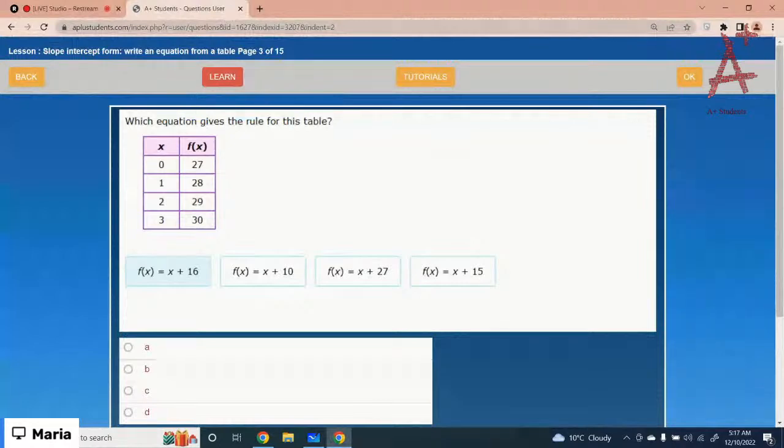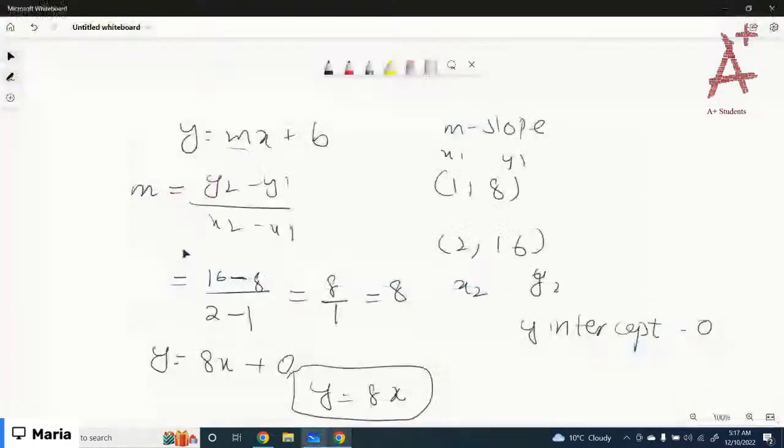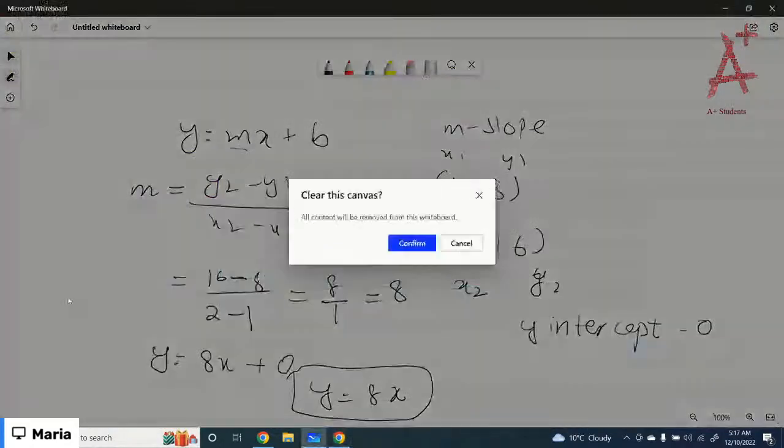Okay, for this one, you are not given the y-intercept. You have to find the y-intercept as well. Got it? Let's just start with the equation. You can use any 2 points to find the slope.